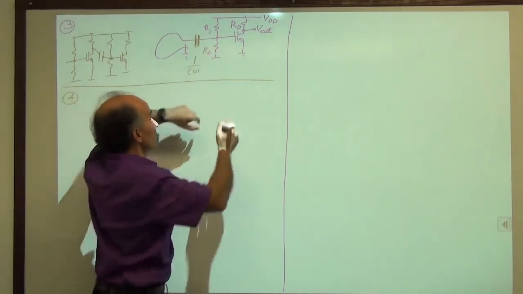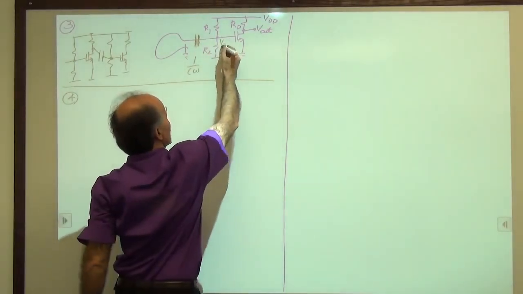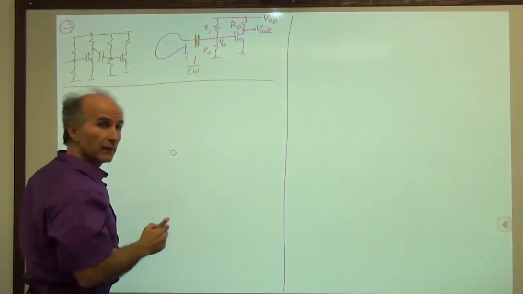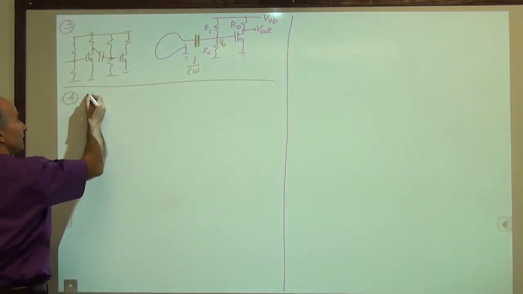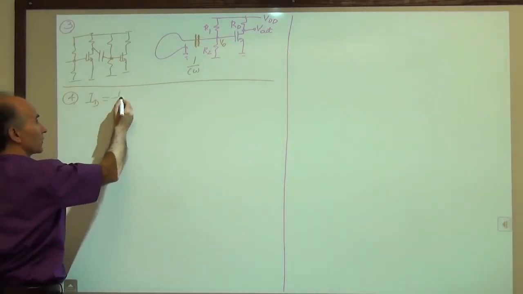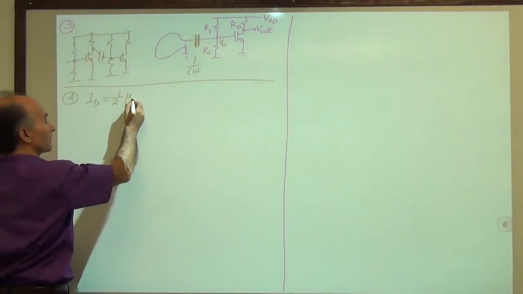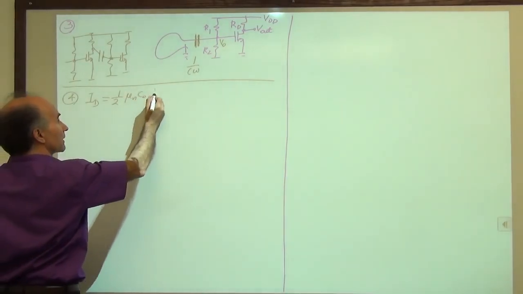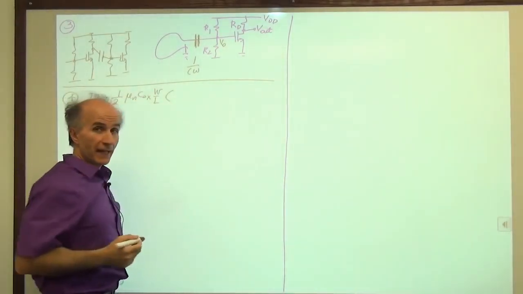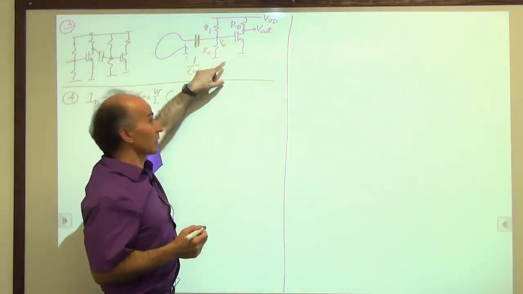If we look at this voltage that we generated here, V0, and try to find the bias current of this device, this is what we see. We have ID, assuming it's in saturation and neglecting channel length modulation, equal to 1/2 mu n Cox W over L times (VGS minus VTH) squared.